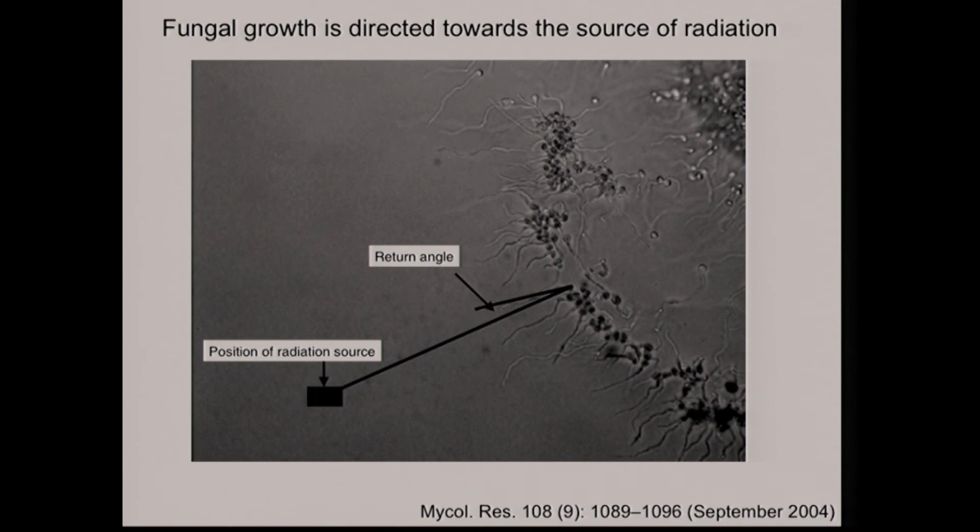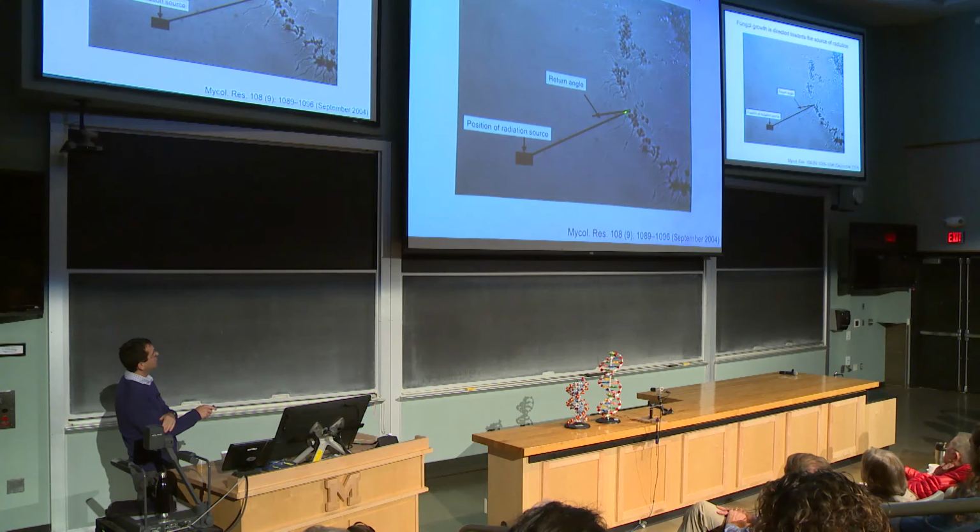Here we have a radiation source, and here we have melanized fungi that are growing and germinating. These are spores which are transitioning into what's called hyphal growth, and that's these protrusions that you see. What these researchers did is they measured the angle at which those hyphae grew relative to the radiation source.